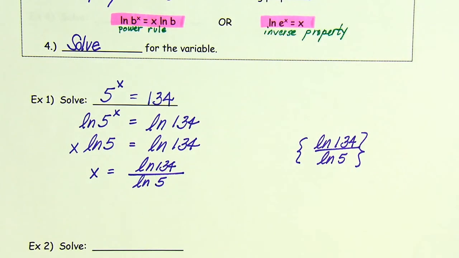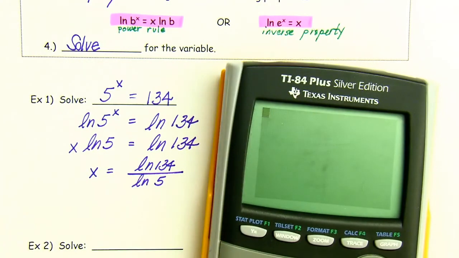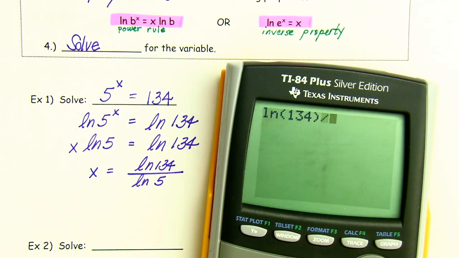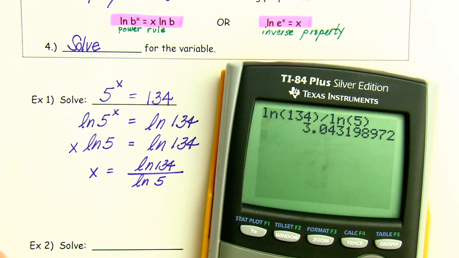If this was an application problem and you had to get the actual physical number so that you could use it to answer the question in terms of whatever's being asked, then we would get the calculator and type in the natural log of 134. Notice the calculator opens a parenthesis. You need to close it. Divided by the natural log of 5 closed. I got 3.04319897. We're going to round to 2 places here.